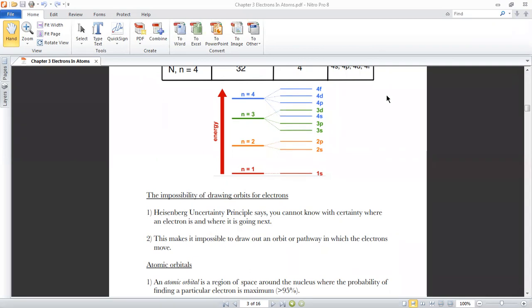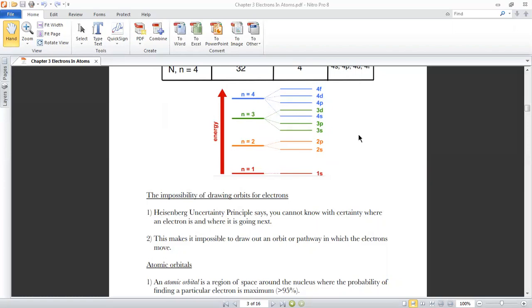One is lying on the x-axis, another on the y-axis, and the third on the z-axis. But their orientation does not change their energy and does not change their distance from the nucleus. They have the same distance from the nucleus, and they have the same energy. So 2p has three orbitals, but they have equal energy.